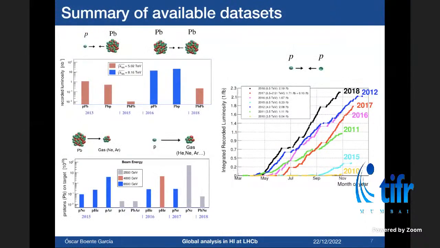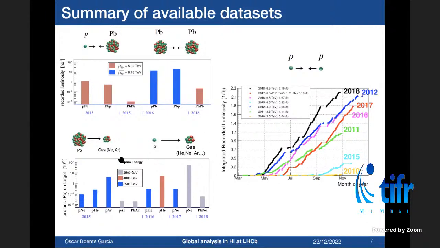During these years, we have managed to collect these data sets that I show here. We have proton-lead and lead-lead data sets. For lead-lead, our most significant data set is the one we collected in 2018, the same as for lead-neon, which was actually taken simultaneously in the same run.